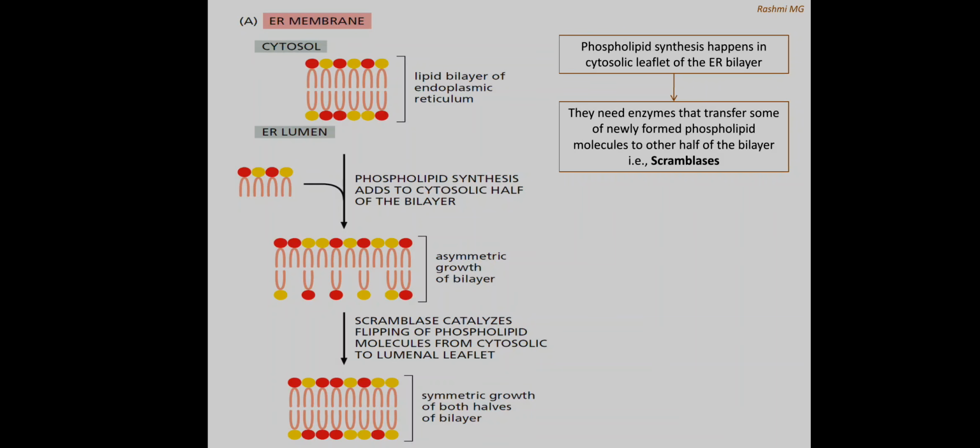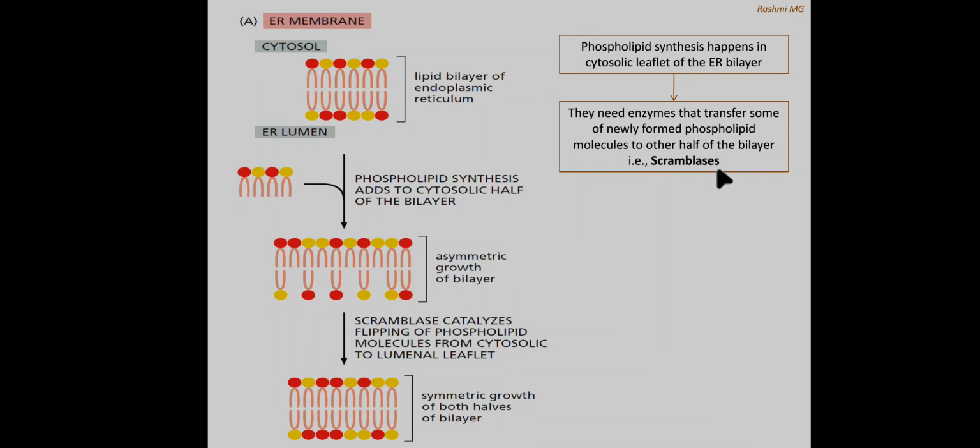They transfer the membrane lipids from the inner leaflet to the outer leaflet. Both flippases and floppases are ATP dependent membrane proteins, but scramblase is very special as it does not involve any ATP usage. It is ATP independent.